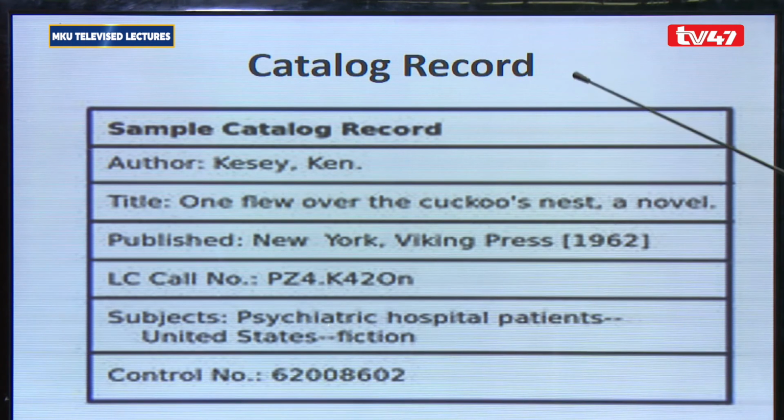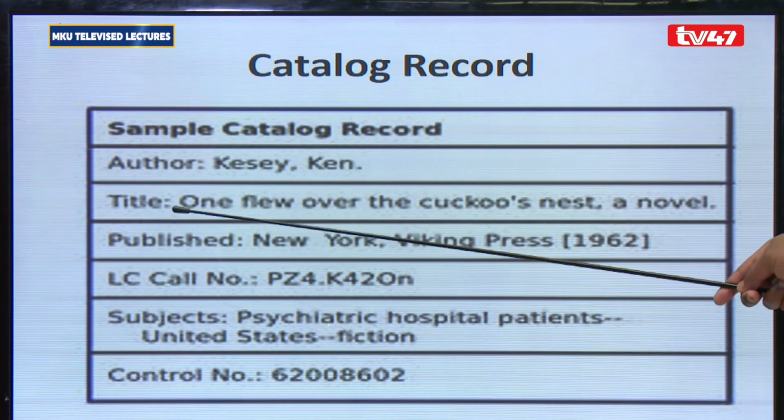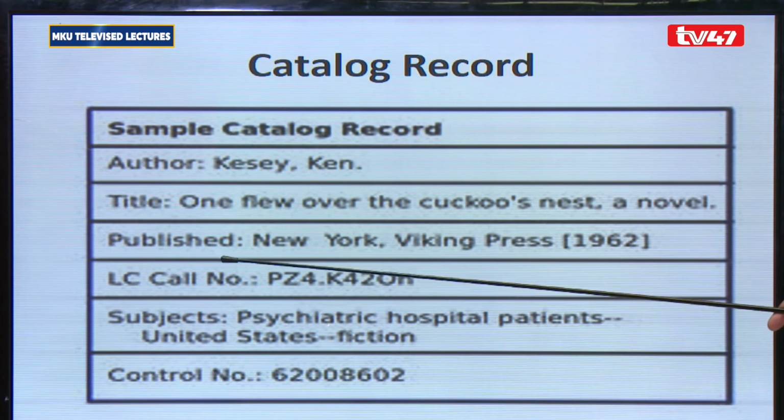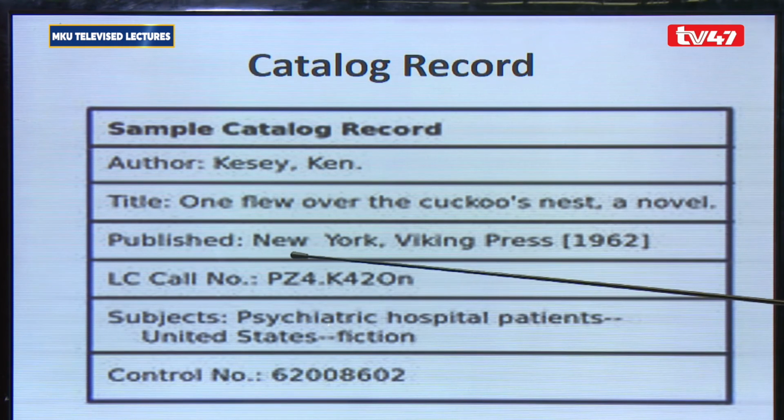Now, this is an example of a catalog record. The catalog record contains metadata. This metadata is used to describe the attributes of the information resource material. The metadata captured here is the author, the title, the publisher, which includes the place of publication and the publisher.